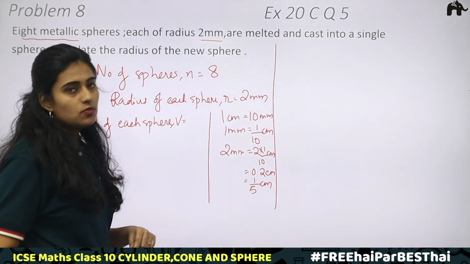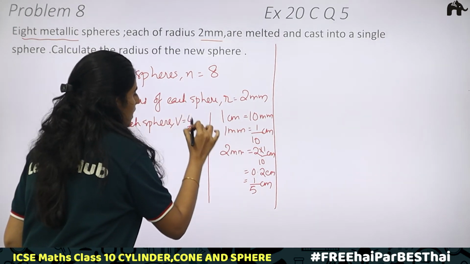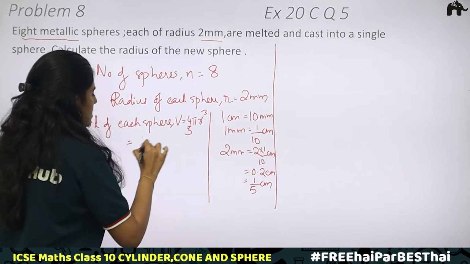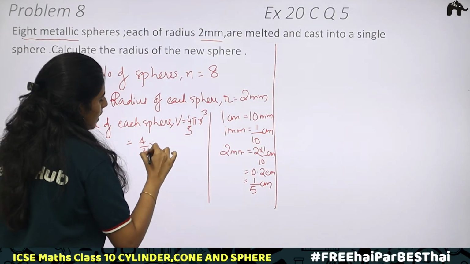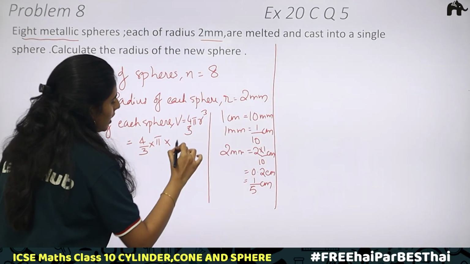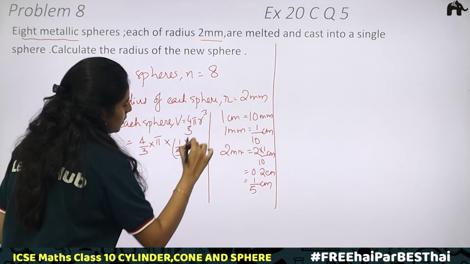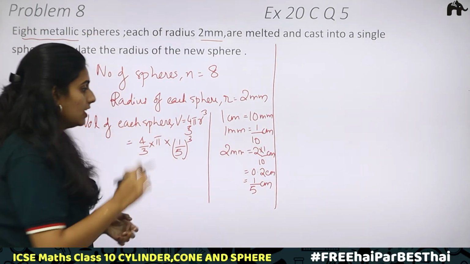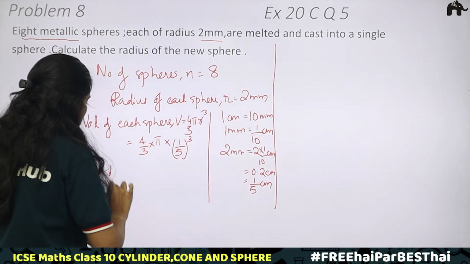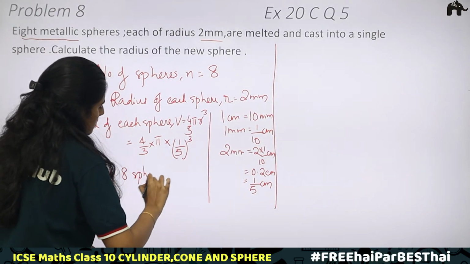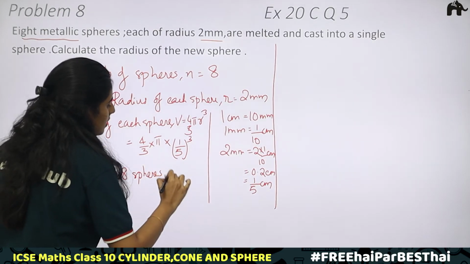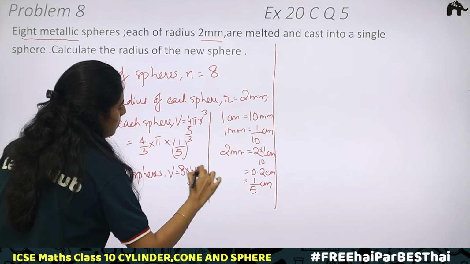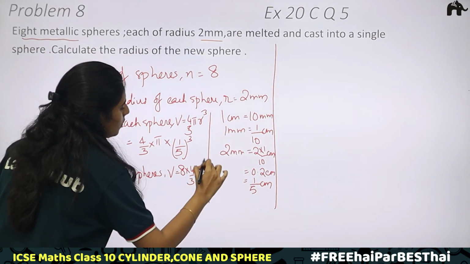V is equal to, what is the formula? 4 by 3 pi r cube. Okay, that is 4 by 3 into pi into 1 by 5 cube. Now, we have 8 such spheres. Therefore, volume of 8 spheres is equal to 8 into 4 by 3 pi 1 by 5 cube.